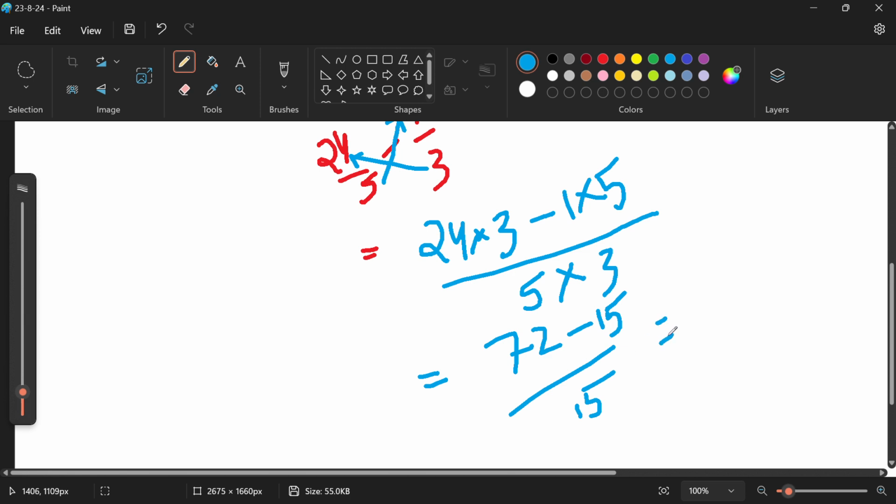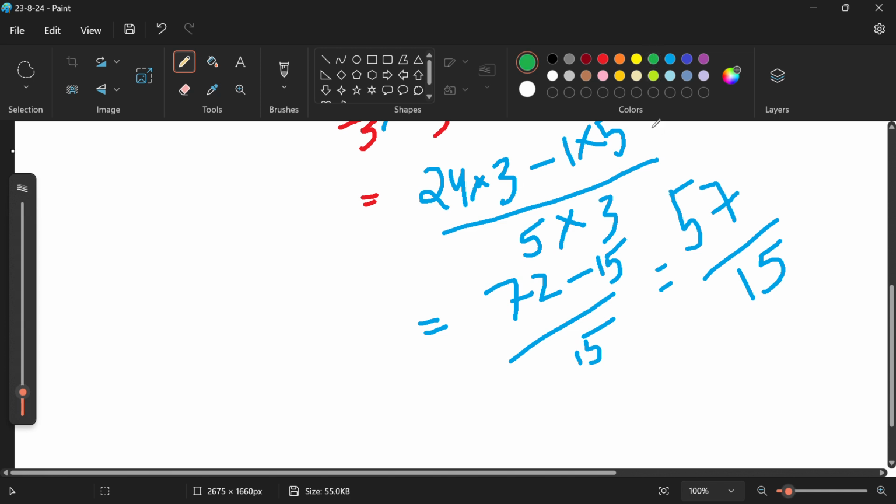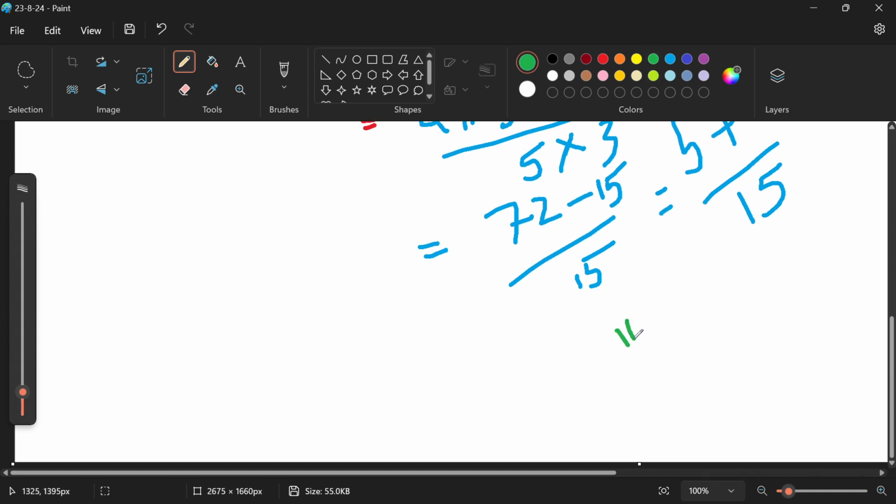This goes as 57, I think, it is 57 by 15. So this is the reduced fraction, and the result should be in string format. First we print 57, then the slash symbol, and 15. So this is our result output.